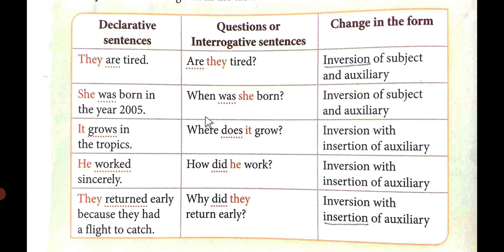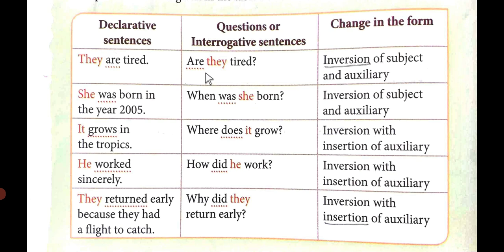Now another type of interrogative sentence which starts with WH word. It may be what, where, who, whom, which and so on. So here especially WH is used. So please see, when was she born? Was is an auxiliary verb and it has been placed before a noun she.